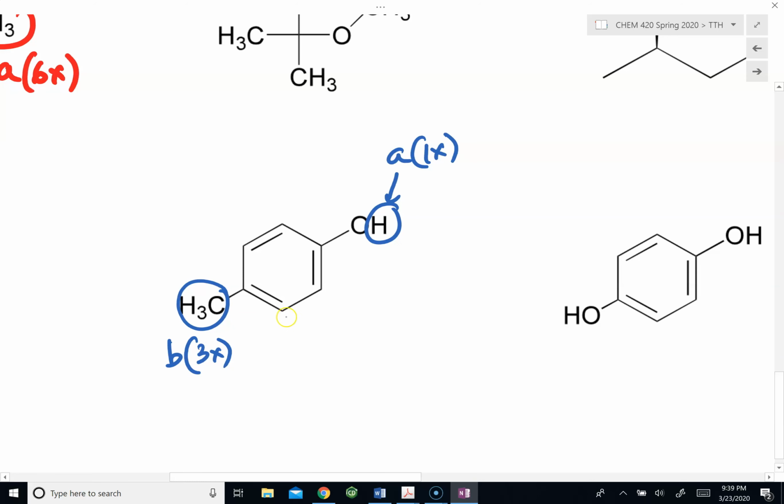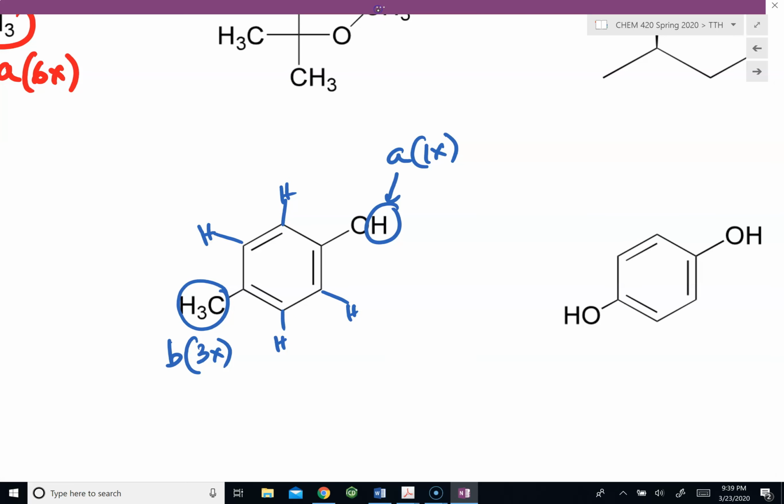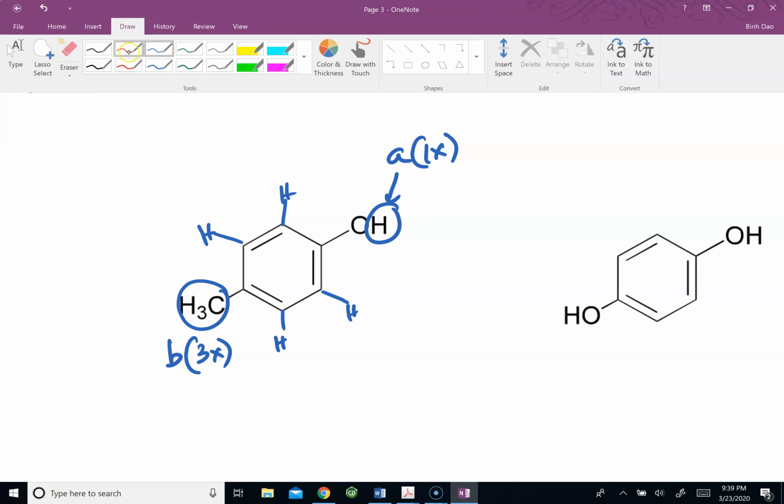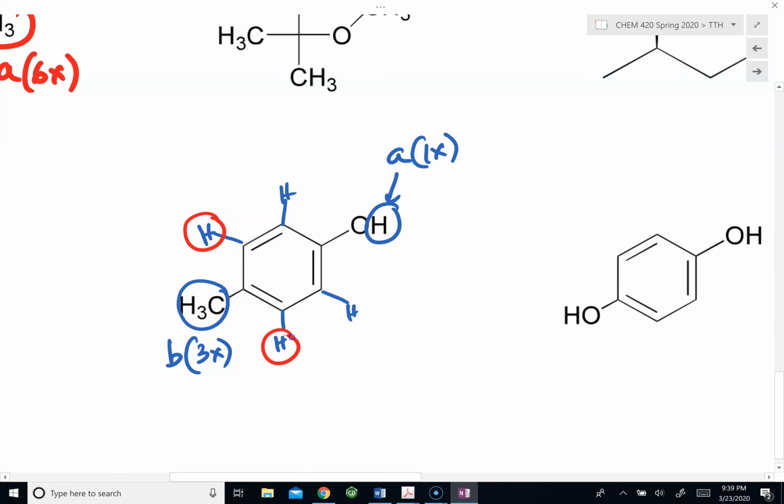And now, there's hydrogen in here on this benzene ring. These 2 hydrogens right here are the same. And the reason why, again, is there is symmetry bisecting this molecule. And when we reflect them through that mirror plane, they will be the same thing.